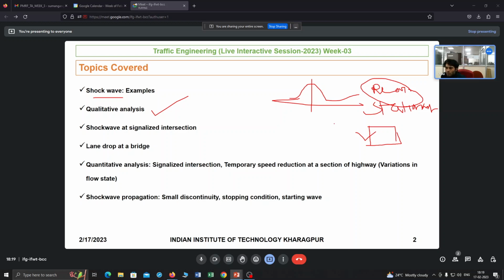Suppose it is a 3-lane road and a 2-lane bridge. Your demand is first 2 lanes, then increases to, suppose, 2.5 lanes, right? Whenever your demand increases to 2.5 lanes, because there are only 2 lanes, there is a maximum number of vehicles. Here you will see a backward moving shock wave, right? Vehicles will stack. And as vehicles are stacked, if the demand again decreases to 2 lanes, suppose, then what happens here?